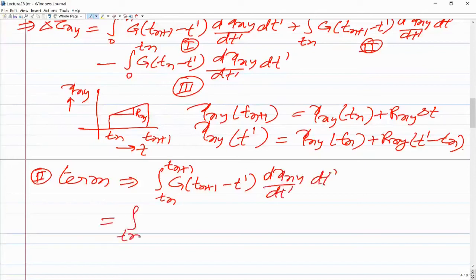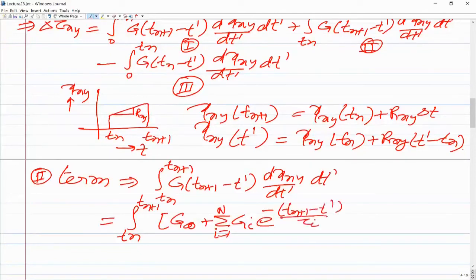It will be the integral from Tn to Tn plus 1 of g infinity plus summation I equal to 1 to n gi e to the power minus Tn plus 1 minus T dash upon tau I, into d gamma xy by dt dash, which will be rxy into dt dash.